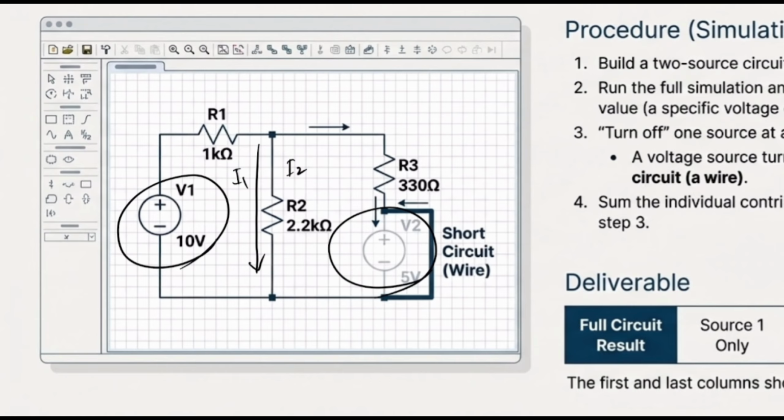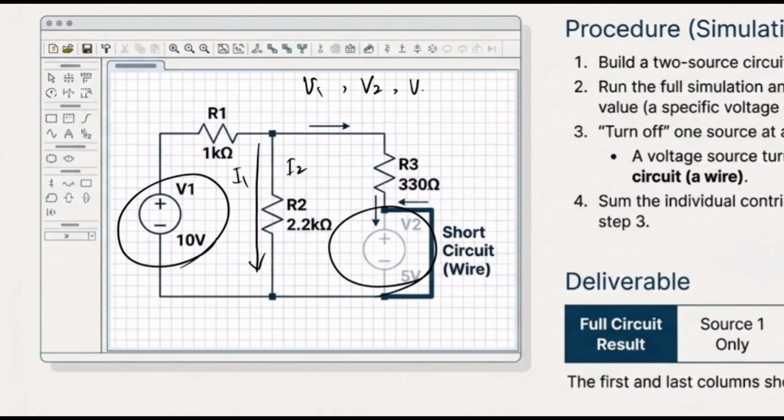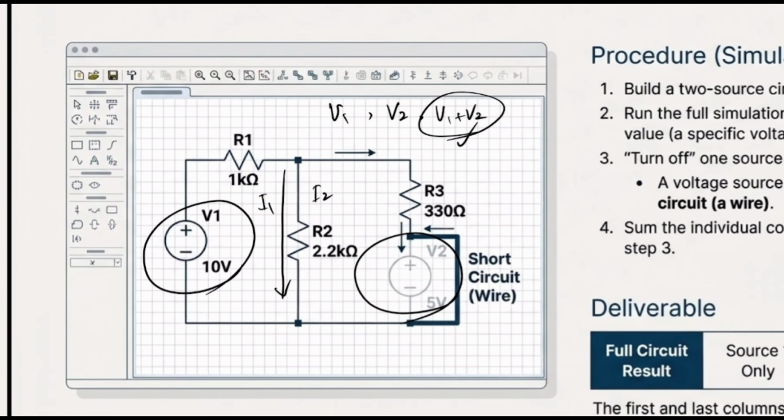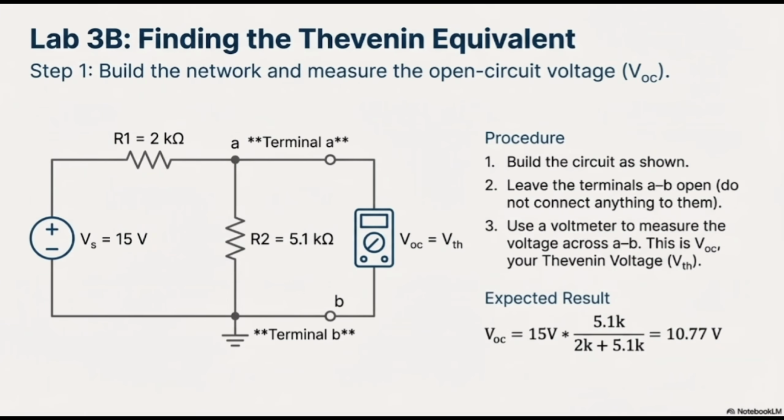At the end, if I add I1 and I2, I still get the same current. So I have to consider 3 circuits: one with only V1, one with only V2, and then with V1 plus V2. Finally, I have to prove that the current that goes this way is the same as the accumulation of these 2 currents, so don't worry about it.